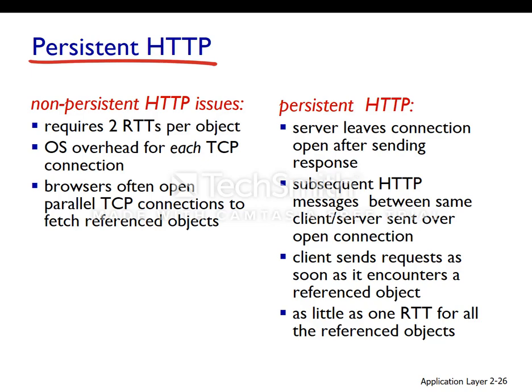So once the first object has been sent, subsequent objects can be sent over the same client-server connection that is open. And the client sends a request as soon as it encounters a reference object. What that means is that it can take as little as 1 RTT for all the reference objects. Okay?